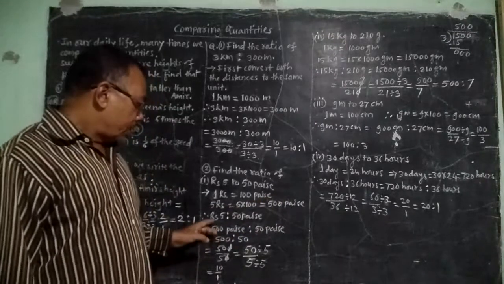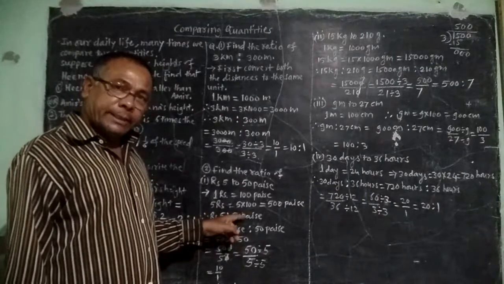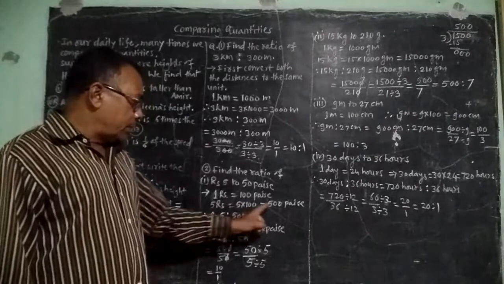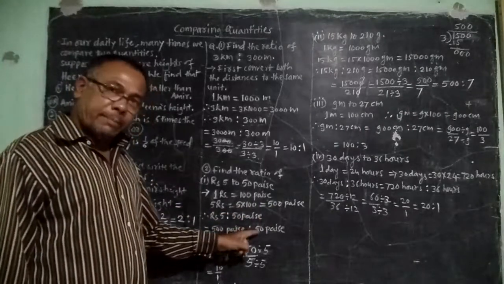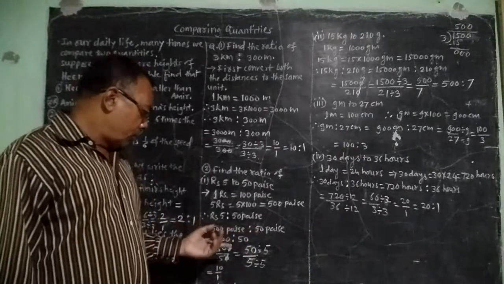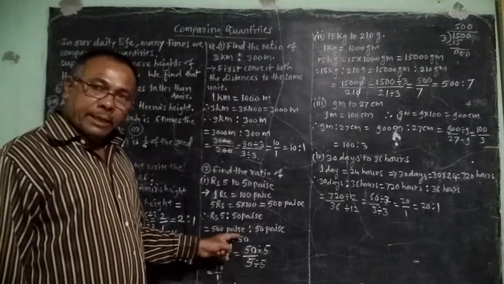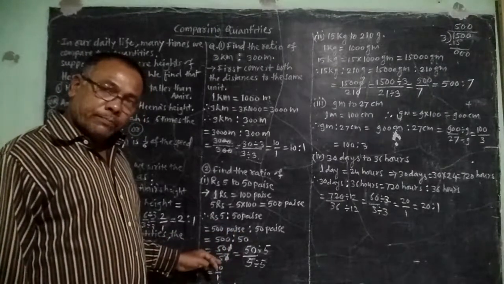And therefore rupees 5 as to 50 paise can be written as, rupees 5 we have converted into paise, that is 500 paise as to 50 paise. Now here we can write 500 as to 50, or 500 divided by 50.